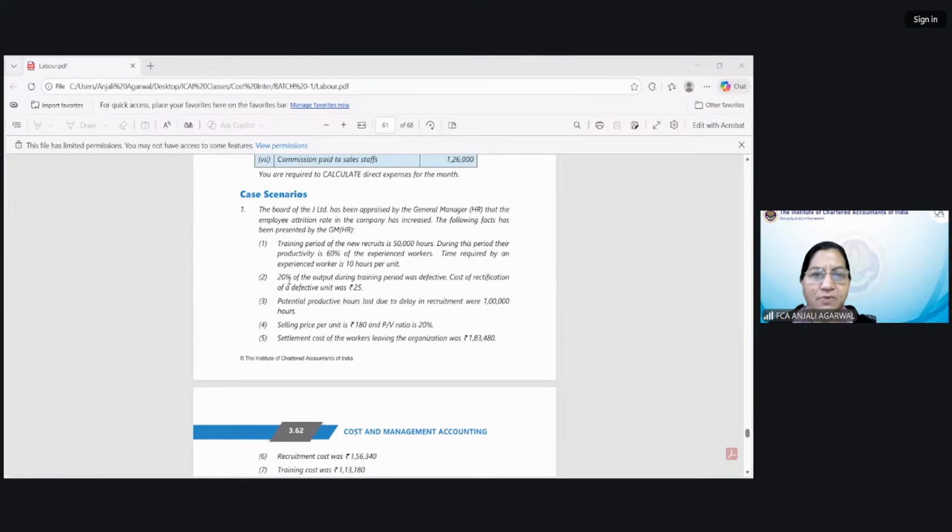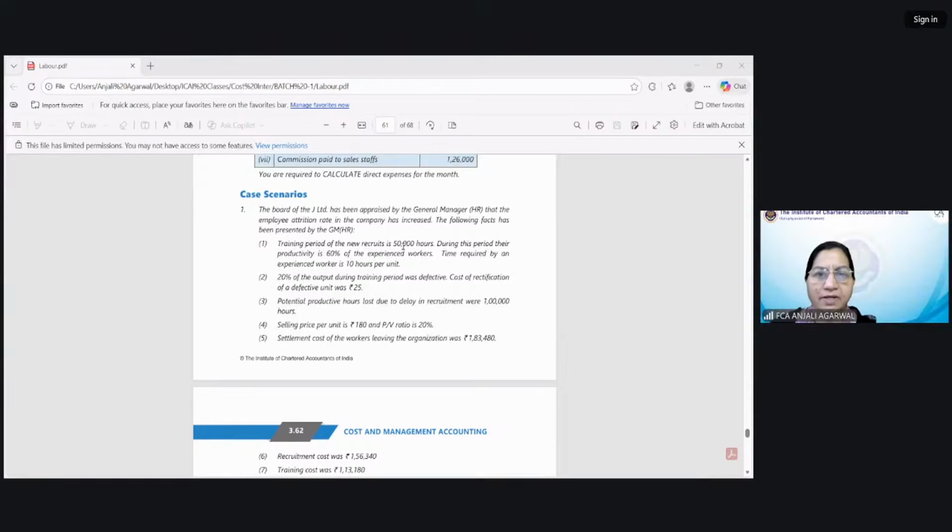Second point, it says 20% of the output during training period was defective. So 50,000 hours was in the training period. The output they produced during this period is 3,000 units. And out of that 3,000 units also, 20%. 20% of 3,000 becomes 600. 600 units were defective, and the cost of rectifying these defective units comes out to be 25.